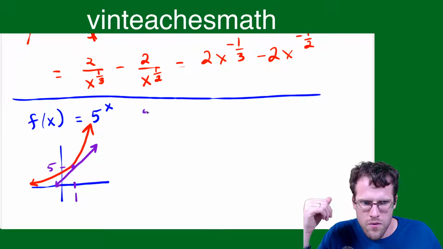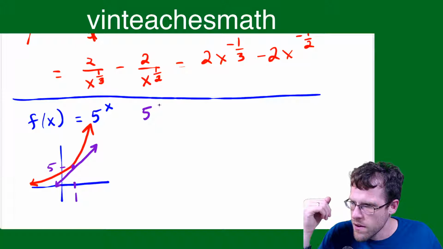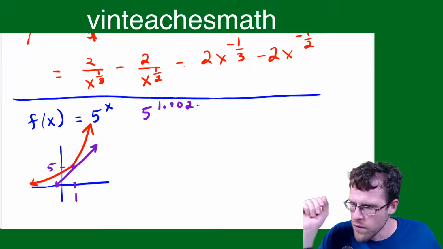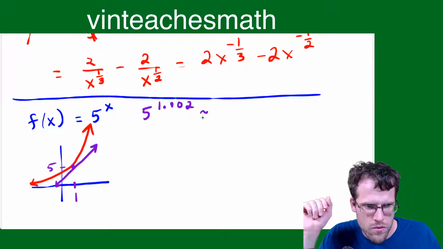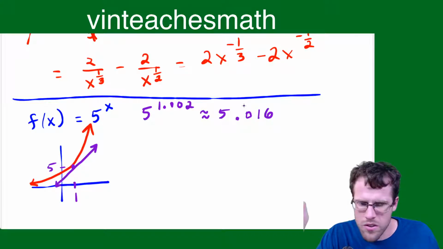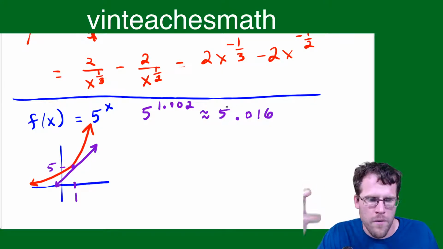And then they tell you that 5 to the 1.002 is roughly equal to 5.016. And now they're asking you which is closest to f prime of 1.